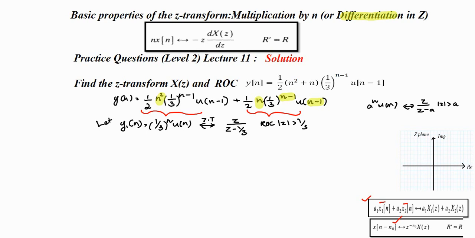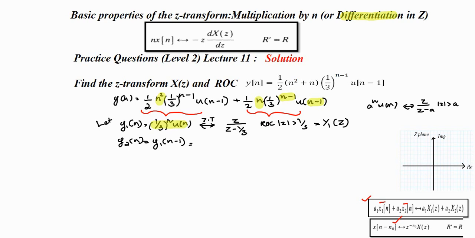Now we can see that this signal is actually a shifted version of the first signal. Now we can write y2 of n, and assume that this is y1 of z. Now y2 of n is a shifted version of y1, that is y1 of n minus 1.